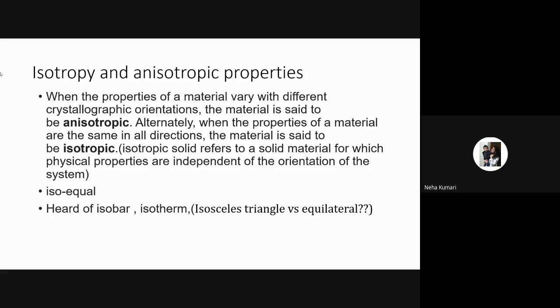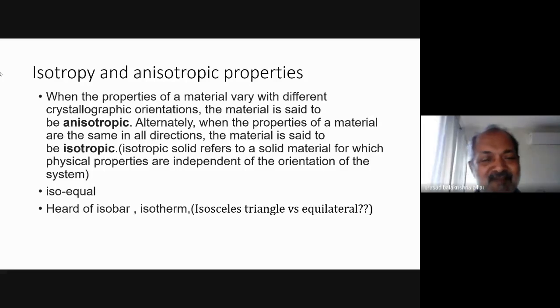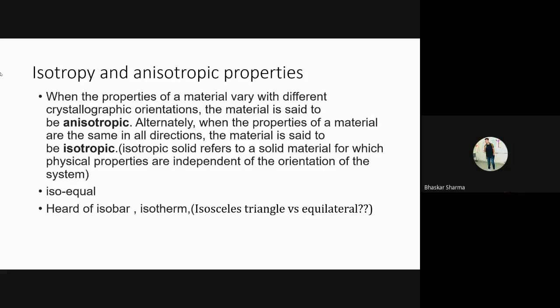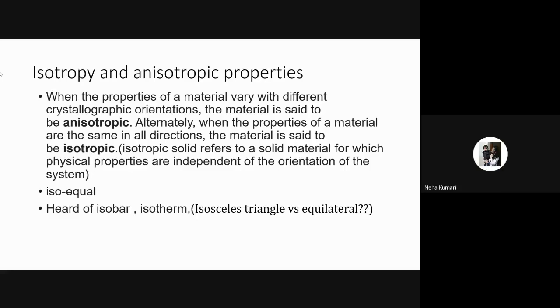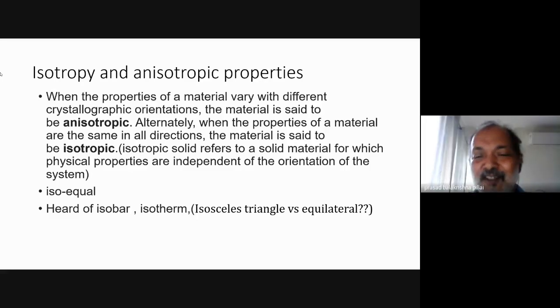Isotherm, same temperature. Isosceles triangle, two sides the same. It is slightly different. Isosceles means two sides only. Otherwise, if all three sides are equal, then we say equilateral triangle. Anyway, so isotropic and anisotropic.